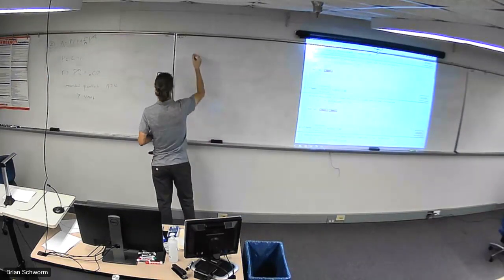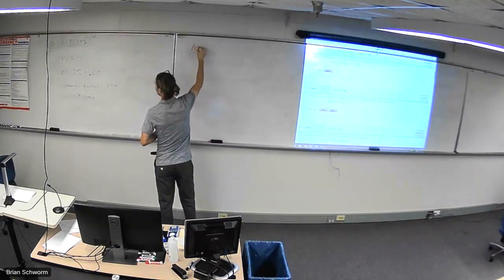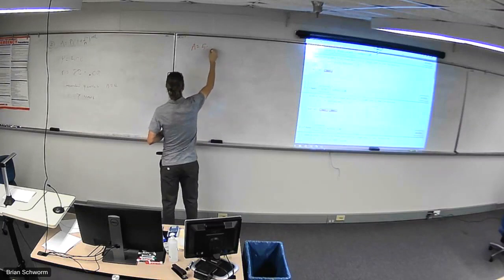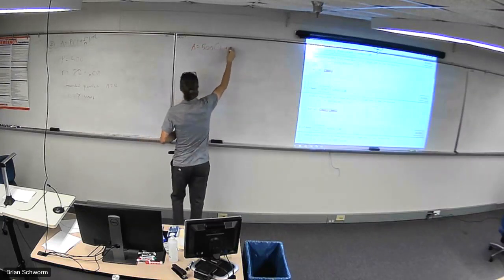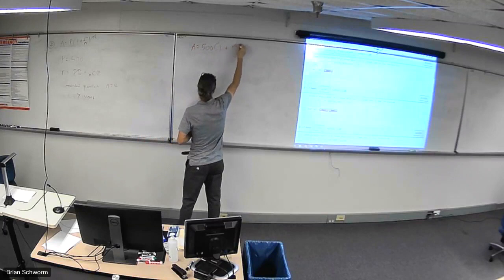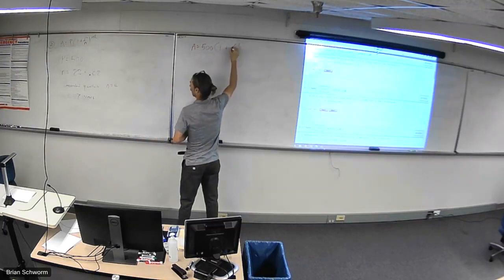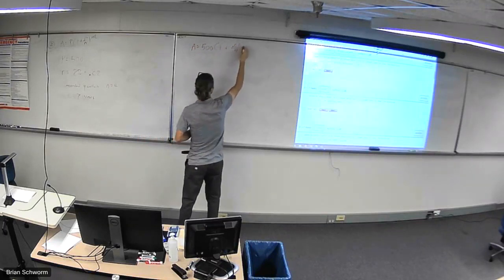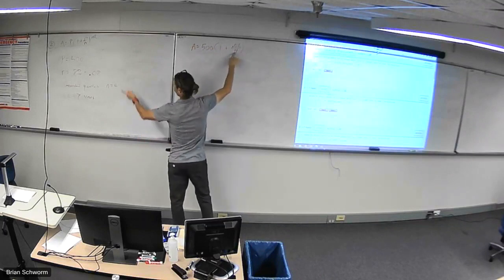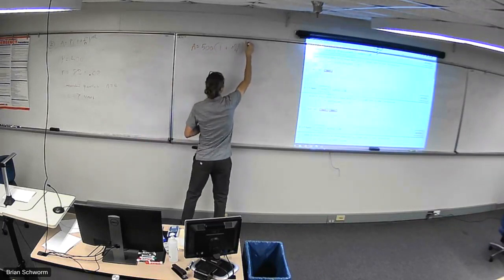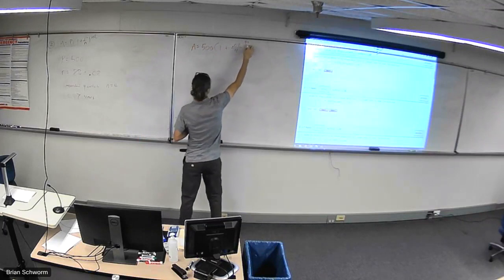So if I plug that all into the formula, future amount, 500 times the quantity 1 plus the interest rate 0.08 divided by 4, and then raised to the 4 times t.